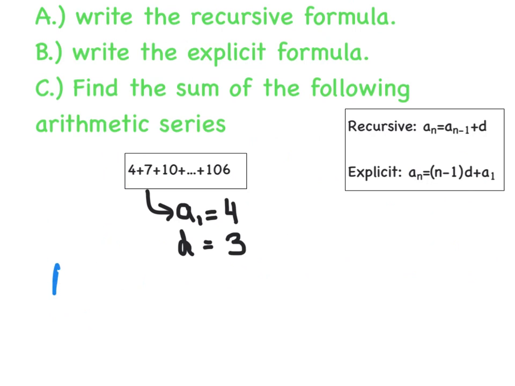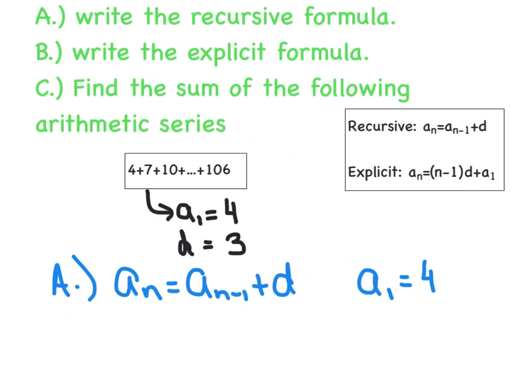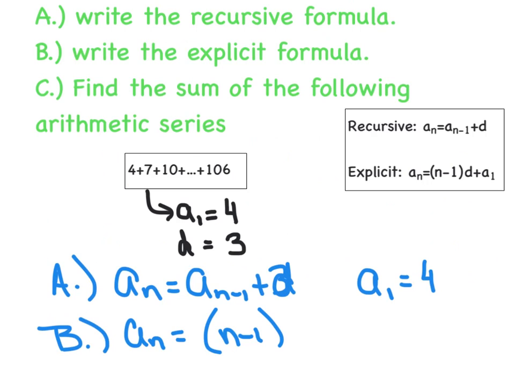So part A says recursively a sub n is a sub n minus 1 plus your common difference, where the first term is defined as 4. Part B, we're saying that a sub n is the quantity n minus 1 multiplied by, whoa, should have put a 3 there earlier. Multiplied by 3 plus the first term.